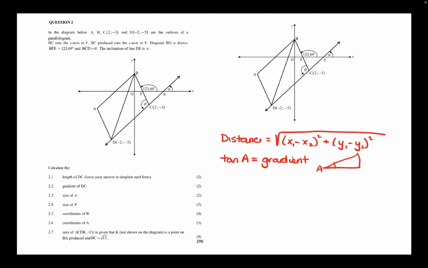And the gradient is the difference in the y points, if you have 2 points, over the difference in the x points, where the points are forming the line.